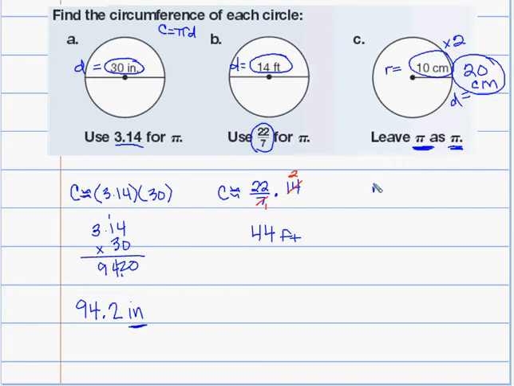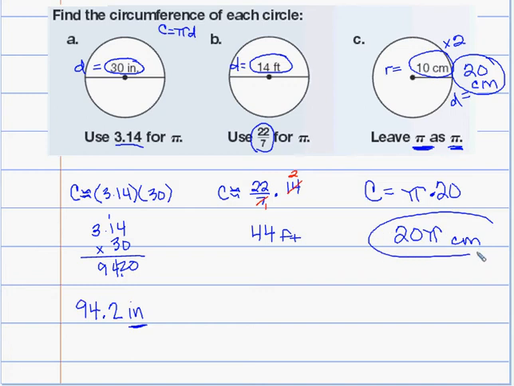What that means is in your formula, circumference equals pi times diameter. That's all you need to do, except we're going to write the number in front of the pi symbol. So we're going to write 20 pi centimeters. So those are your 3 answers.